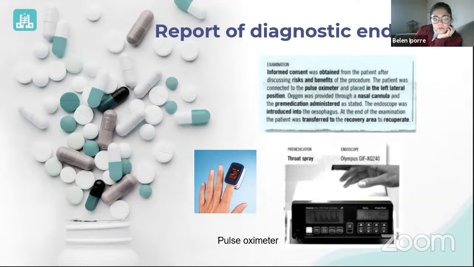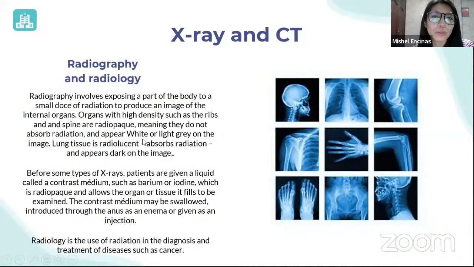Perfect. Let's continue then. We have the X-ray and CT, radiography and radiology. Okay, I will read this part. Radiography involves exposing part of the body to a small dose of radiation to produce an image of the internal organs.